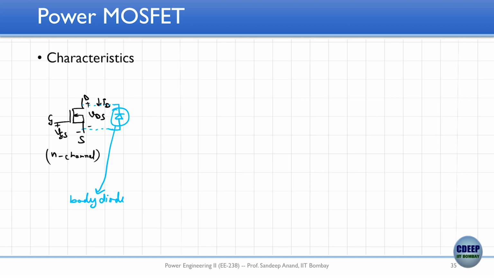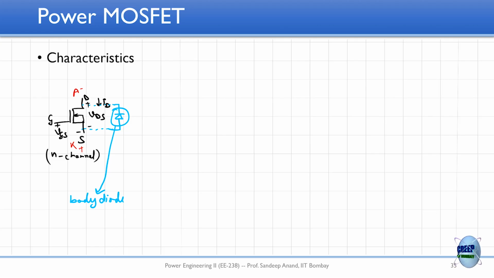If you remember the thyristor, if the gate is off and you apply a positive voltage at the anode with respect to the cathode, it would not conduct. If you apply a positive voltage at the cathode with respect to the anode, it would anyway not conduct in thyristors. But in a MOSFET, the internal structure is such that whenever you apply a positive source and negative drain, the current starts flowing through this diode.